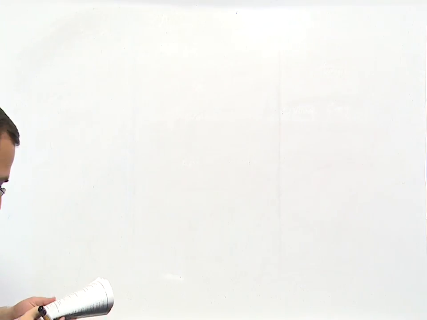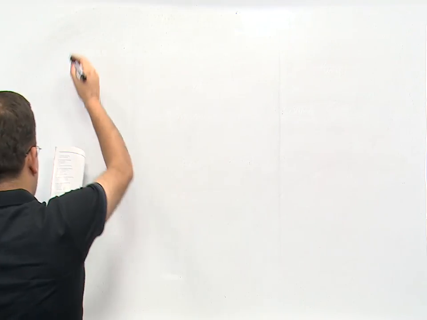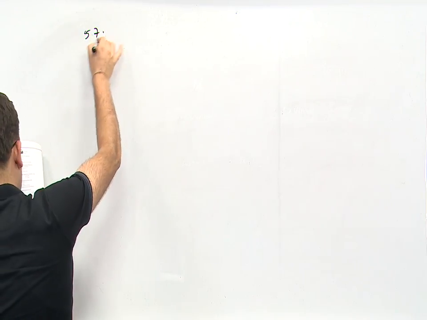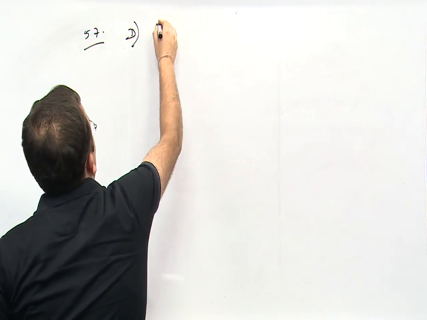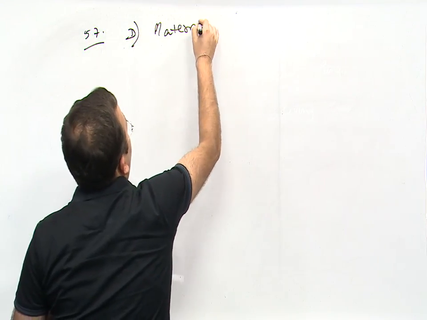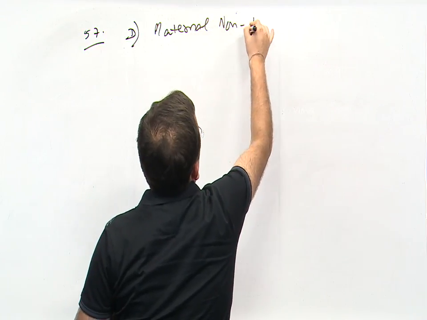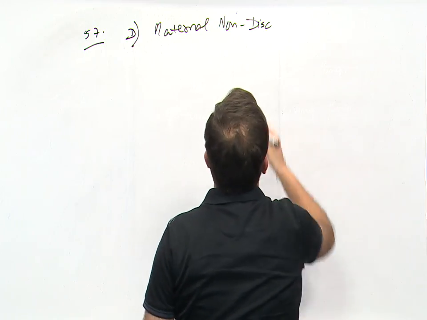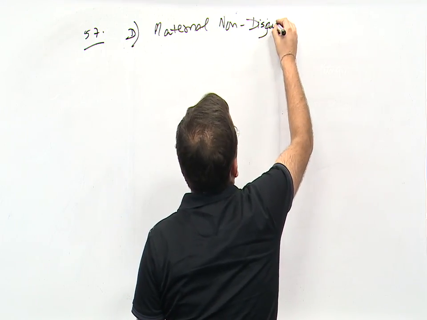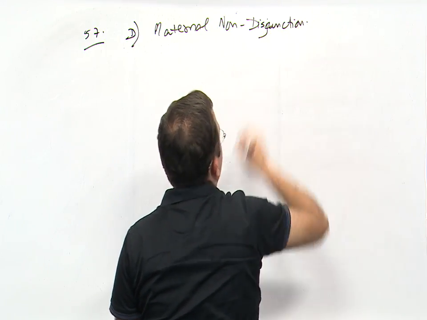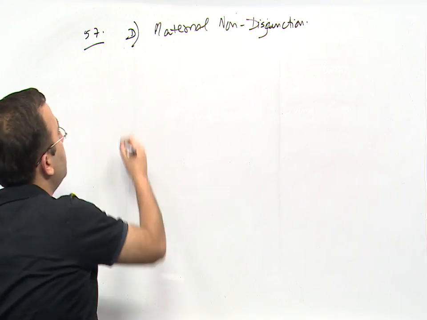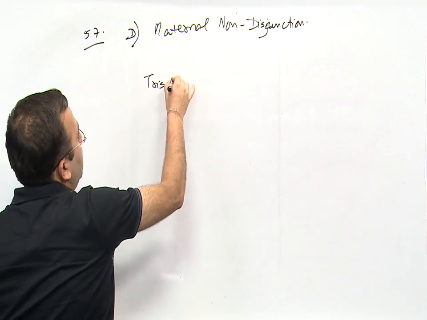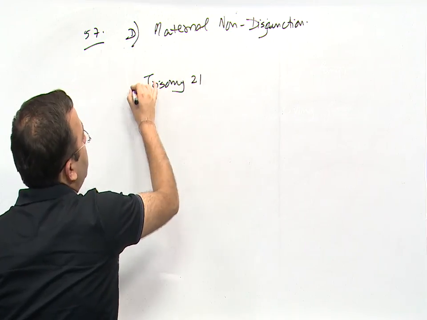This gets us to the next question. Most common cause of Down syndrome. This is again a spotter. It is maternal non-disjunction of chromosomes. You very well know Down's is trisomy 21. Nothing to explain in this.